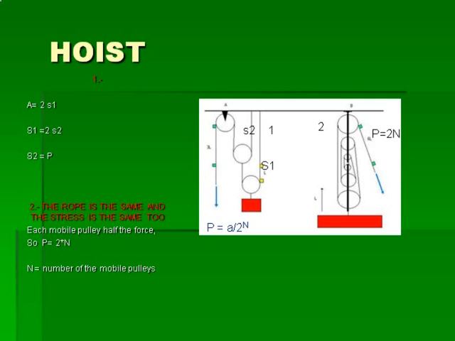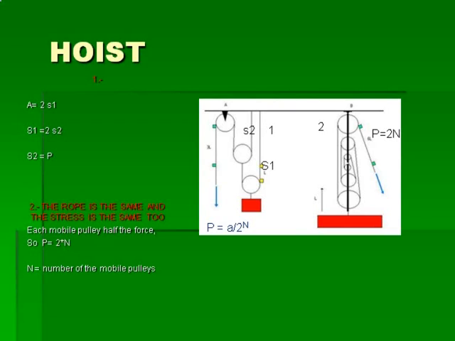And in the second one, you are just dividing the action into a different number of ropes.